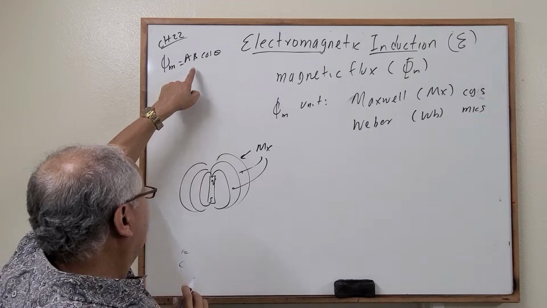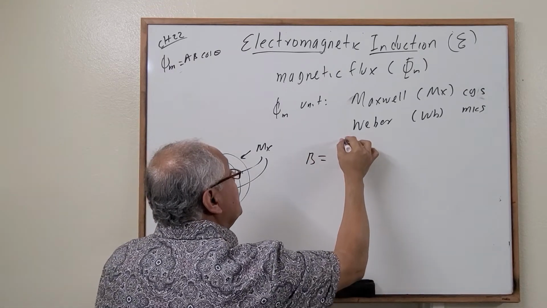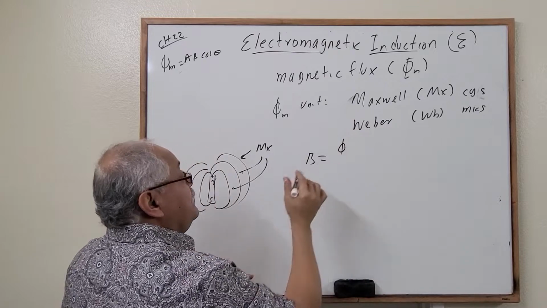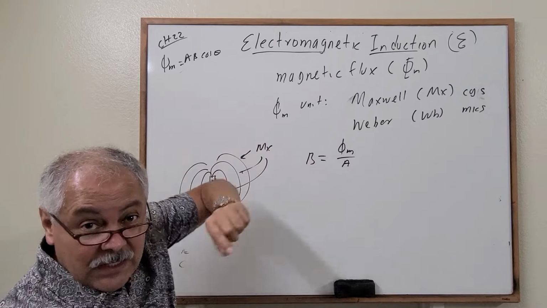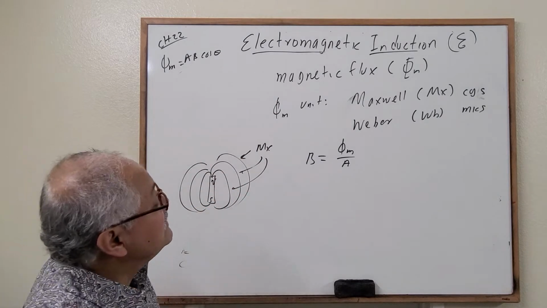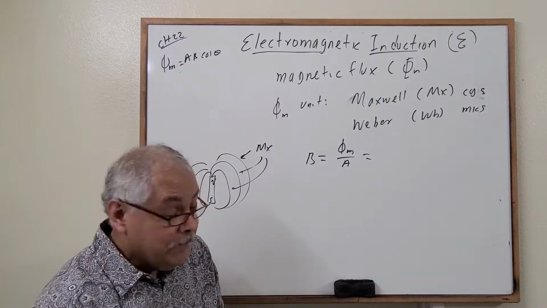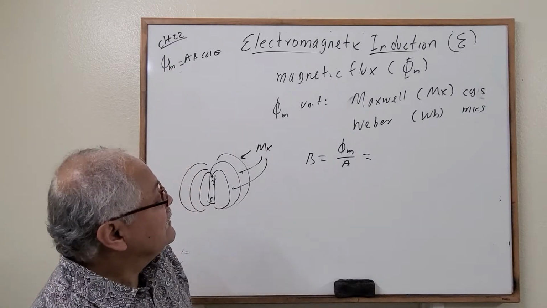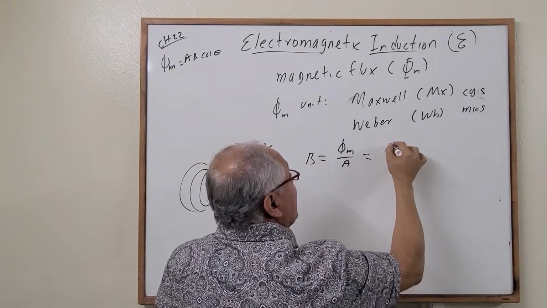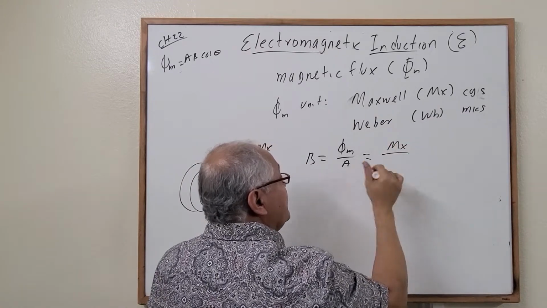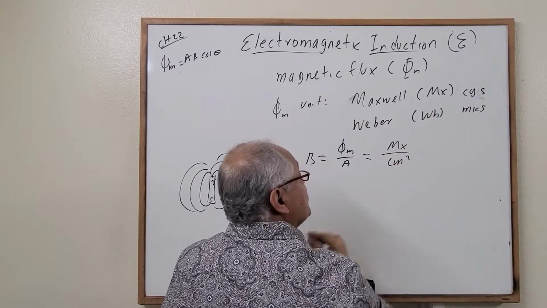Now let's solve for the magnetic field. The magnetic field is equal to magnetic flux divided by the area. Let's take cosine theta equal to 1 for simplicity, and let's find out the units for the magnetic field. Okay, if we use Maxwells, right, what do we have? Maxwell divided by the area, which, because we are in centimeters, is centimeters squared.